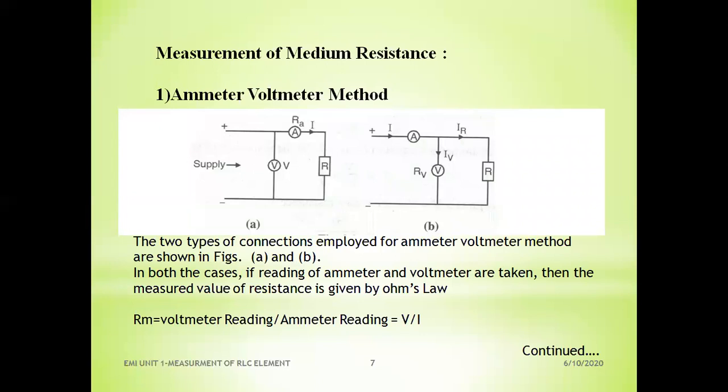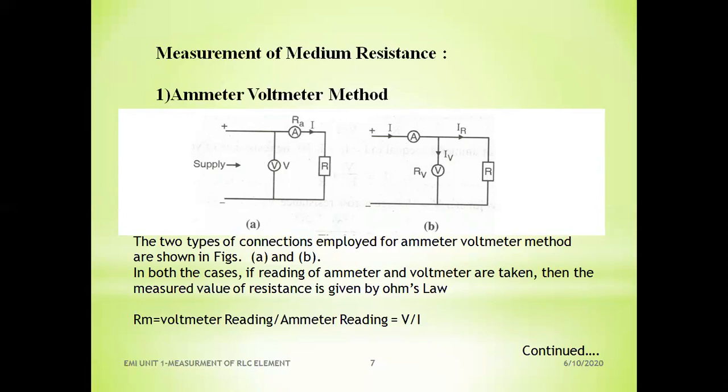Okay, so this method is used for the measurement of medium resistance. Medium resistance means above 1 ohm and up to 100 kilo ohm. For the ammeter voltmeter method, we use one ammeter and one voltmeter, and there are two cases possible.